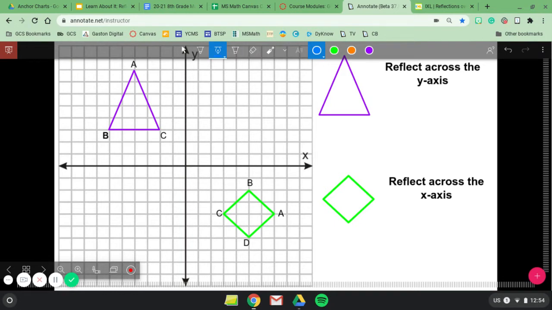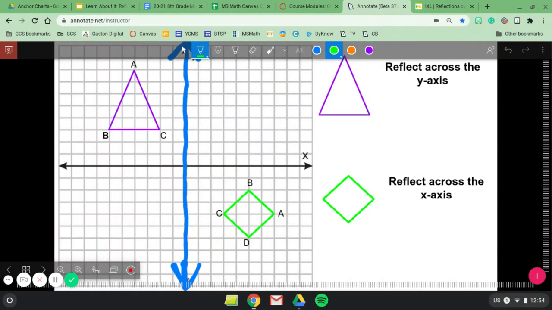Just to make sure that I know exactly what line I'm reflecting over, I draw or highlight my line of reflection. In this case, it's the y-axis, or the vertical center of our coordinate plane. Everything is going to come from or be in relation to that line.